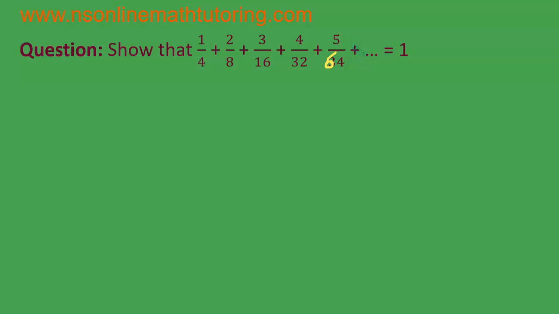Okay, it will be 5 over 64 plus dot dot dot. This is an infinite series and we have to show that the sum total of all the infinite terms is equal to 1. Okay. I'm extremely sorry about this. This should be 5 over 64. So let's start with our answer.